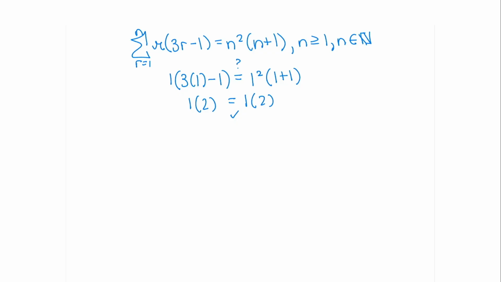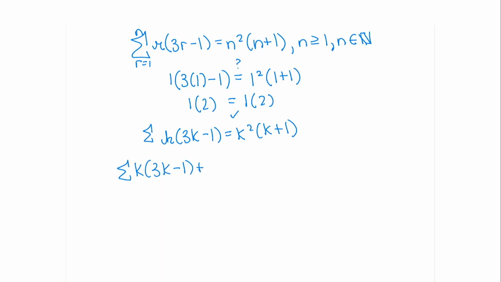Now we're going to replace all the variables with k. Now we have to add on the k plus 1 version to our summation. So we're going to have our last term of the sequence, then our last term after that, the k plus 1 term.